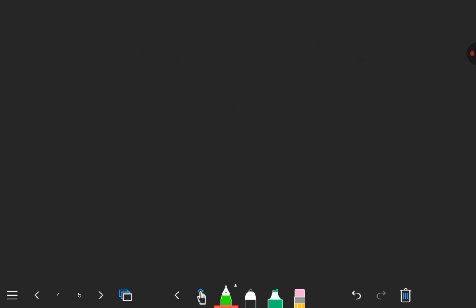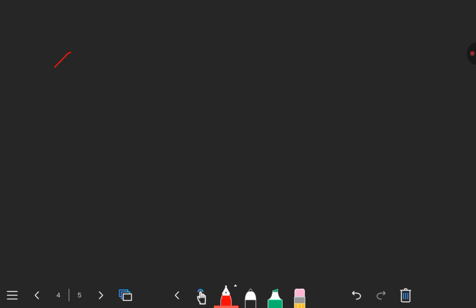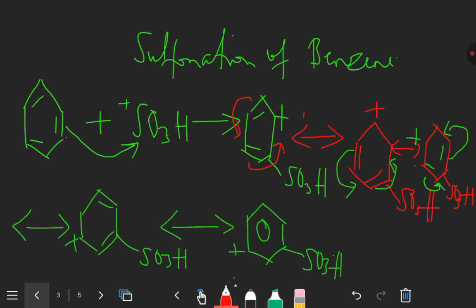So what we can do now, so from this ring which we had, so from what we have, which is SO₃H, then with a positive charge.